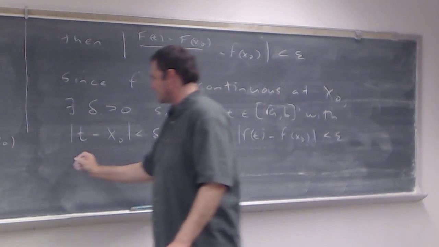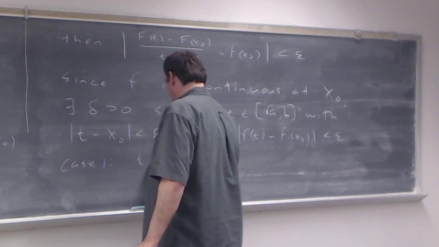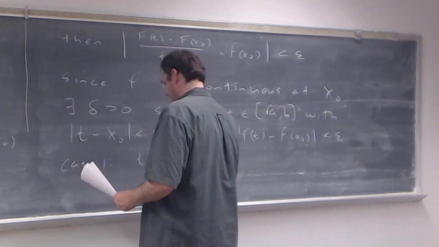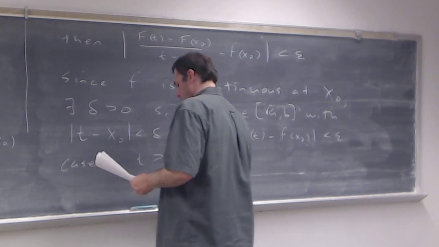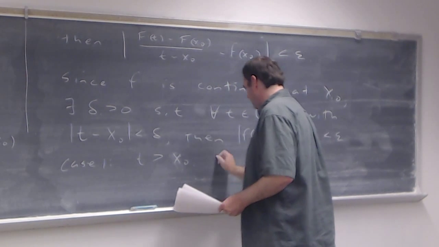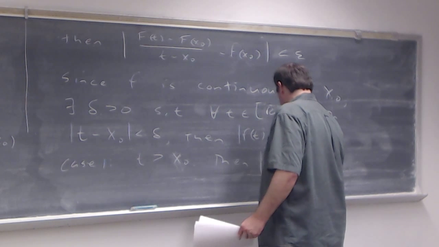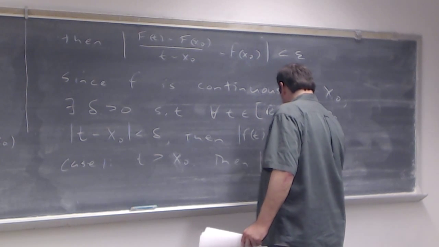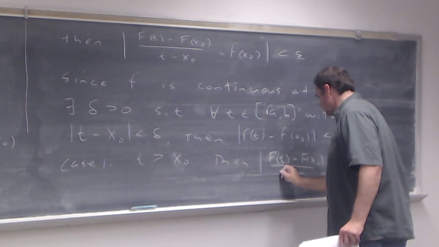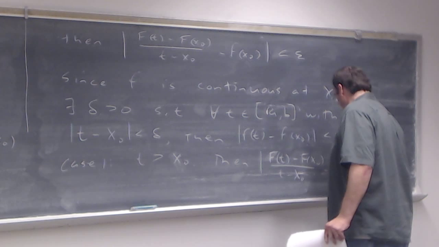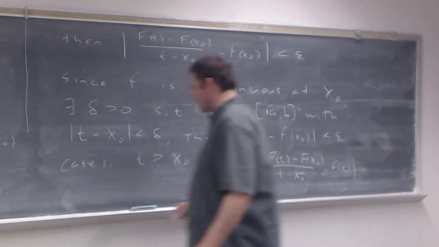Now we're going to look at two cases. So case 1 is when t is bigger than x naught. Then, when we look at that absolute value of big F of t minus big F of x naught over t minus x naught minus little f evaluated at x naught, okay, we can get a common denominator here.